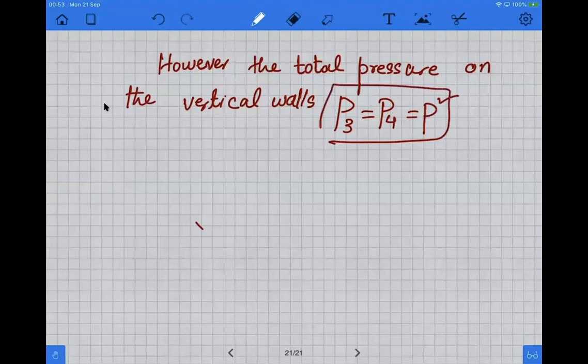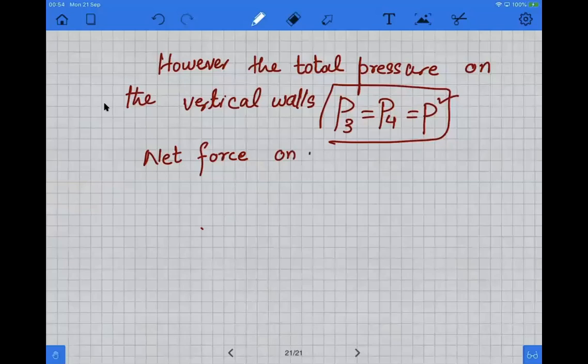Because you cannot add it, you cannot subtract it, and what is the answer of an individual pressure? It will be the pressure on the four walls, because it cannot be added or subtracted. However, the net force on the vertical walls, force is a vector. Since force is the same from all the sides, and when the vectors have a uniform distribution or they have equal values from opposite sides, they cancel out.